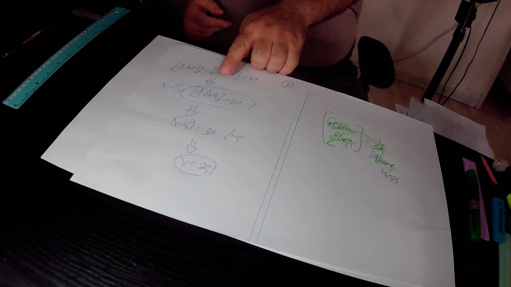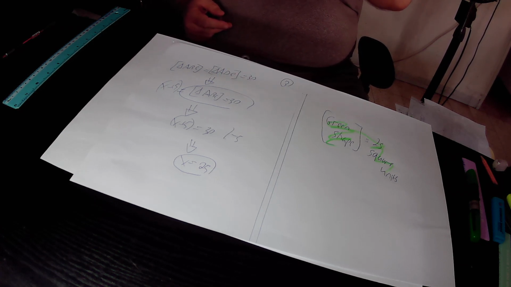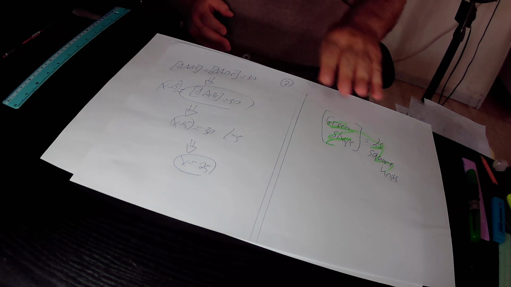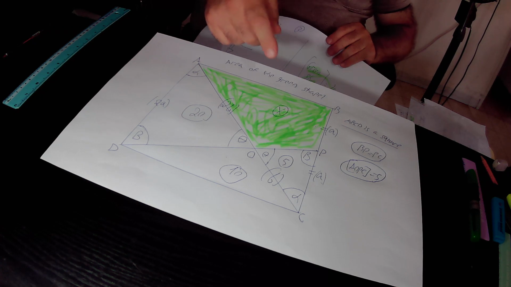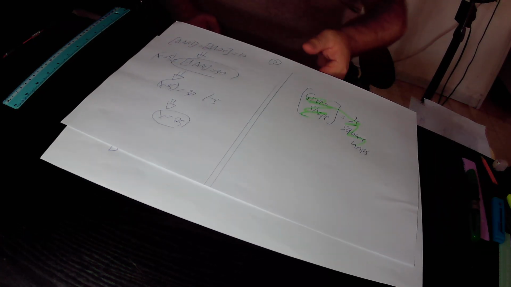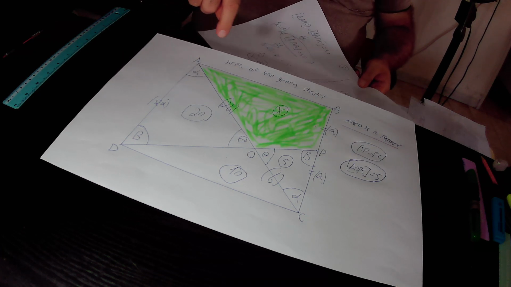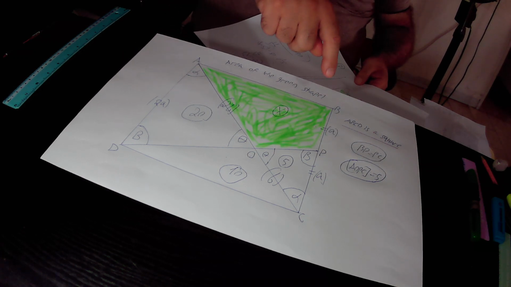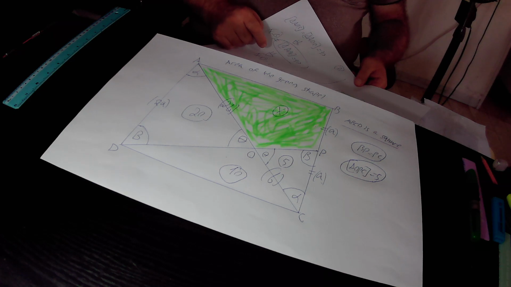We derive that x plus 5 equals 30. Here we subtract 5 from this equation, and finally found out that x, that is the area of this green shape according to our definition, is equal to 25 square units. And repeat again, we found out that the area of this green shape is equal to 25 square units. Okay, thank you very much.